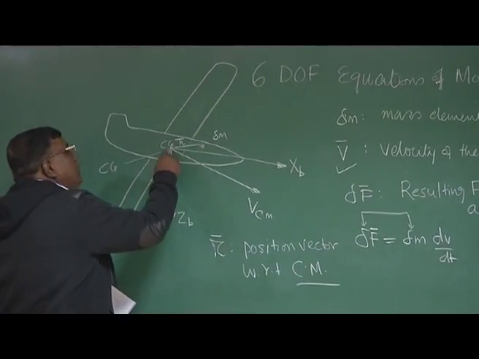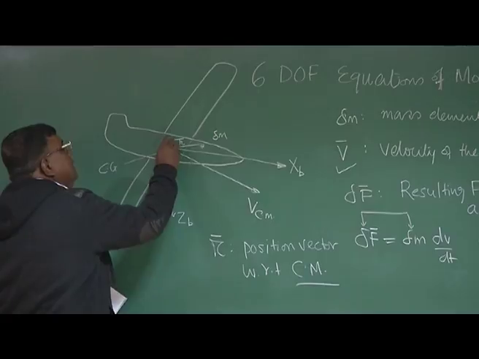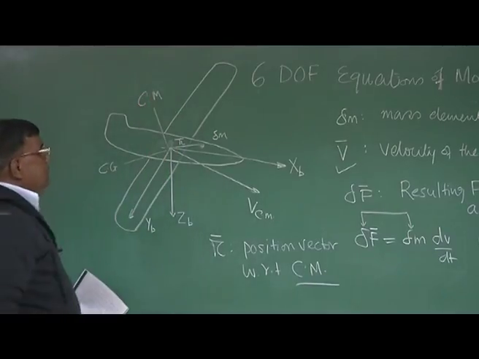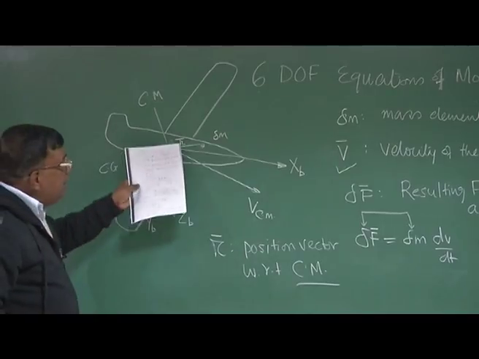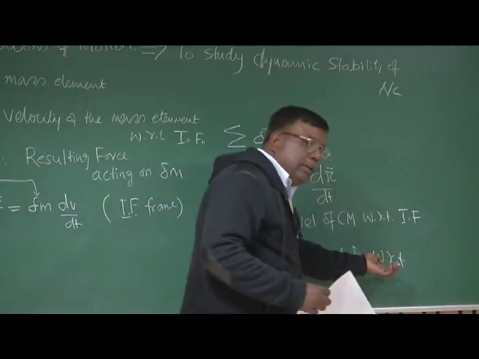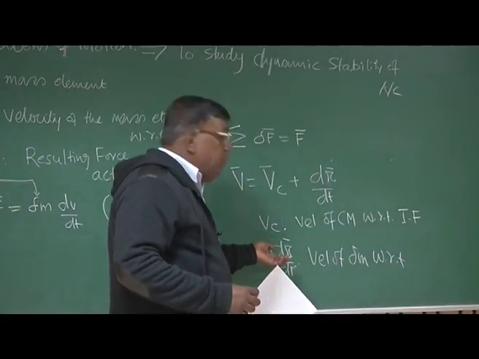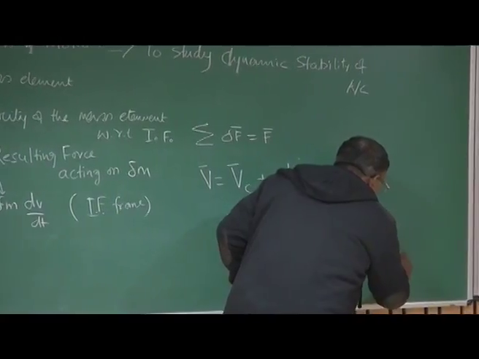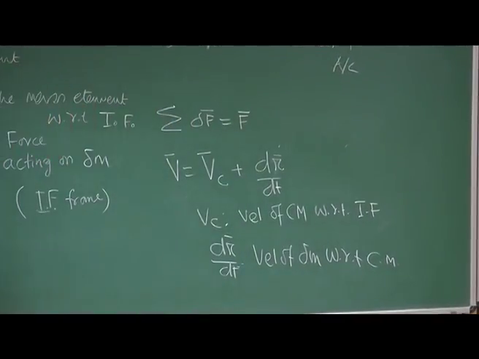This r is with respect to the center of mass, which I am writing as Cg. So, for the general situation I write center of mass. Clear? So, what is dr by dt? This is the velocity of delta m with respect to the center of mass, since r was with respect to the center of mass. For us it is the center of gravity also, the concept is the same, right.